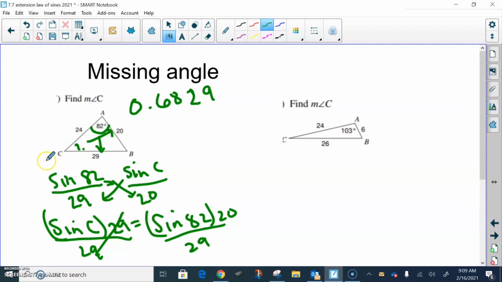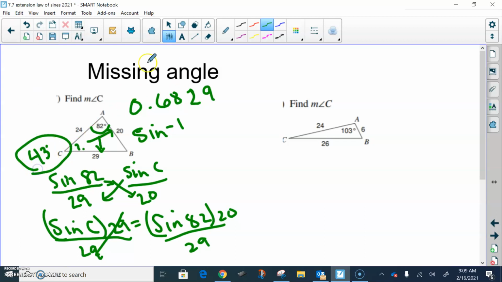Remember, when we're looking for an angle using sine, that's when we do our backward sine, our inverse sine. So I'm going to press second sine, punch in .6829, and I get that my missing angle is 43 degrees. So remember, anytime you're looking for an angle using one of the trig ratios, you have to use the inverse.